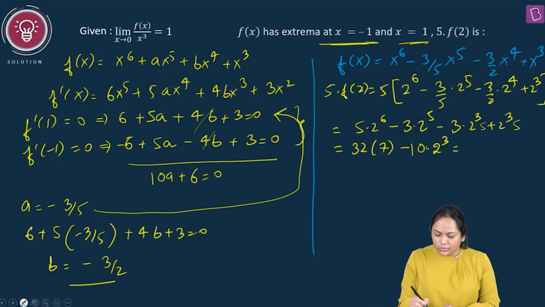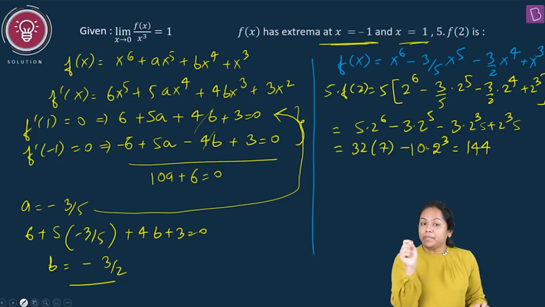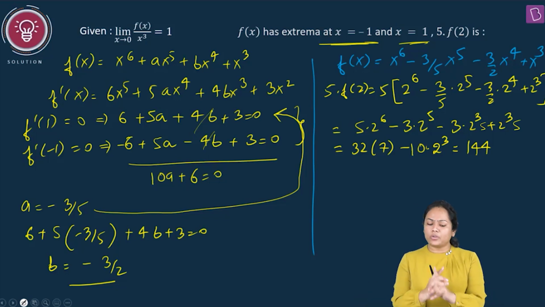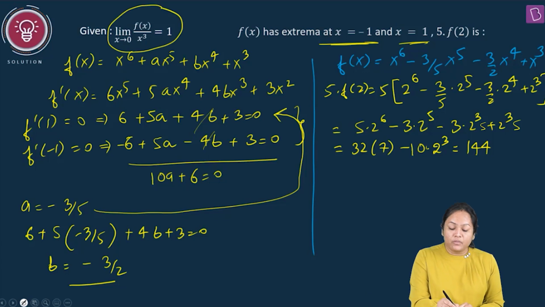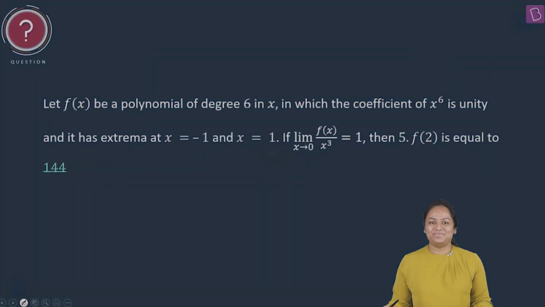And when you solve this out, the final answer comes out as 144. So this will be the final answer, which is the value of 5 times f(2). Is this clear? Have you understood how you have to use this limit information, which was a new thing, right? Perfect. So the answer is 144.